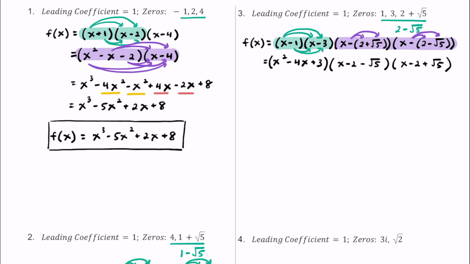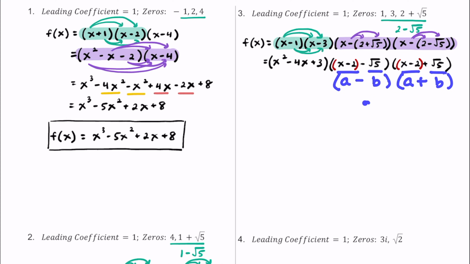Now at this point, we can go ahead and regroup this x minus 2 and think about it as one whole piece. So we have this x minus 2 in both of these. So again, let's consider this to be our a. Let's think about the root 5 as b in both. So it looks like we have a minus b being multiplied by a plus b, right?